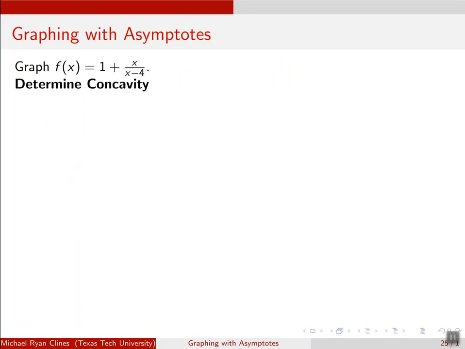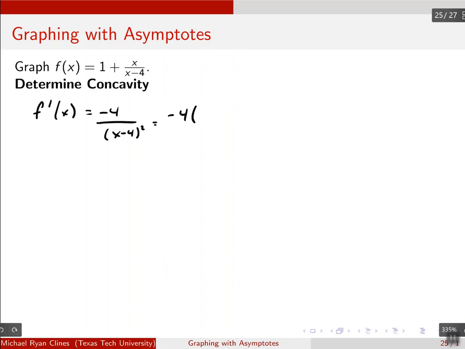Alrighty. With concavity, what do we need? Well, to determine concavity, we need a second derivative, the rate of change of the rate of change of a function. But recall the first derivative, which is equal to negative 4 over x minus 4 squared. But that's also just equal to negative 4 times x minus 4 to the negative 2, right?